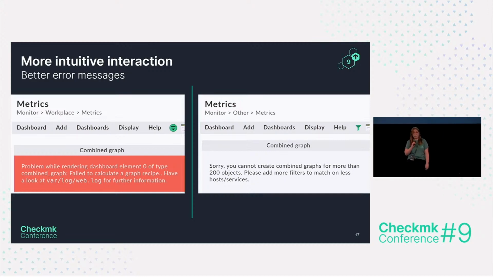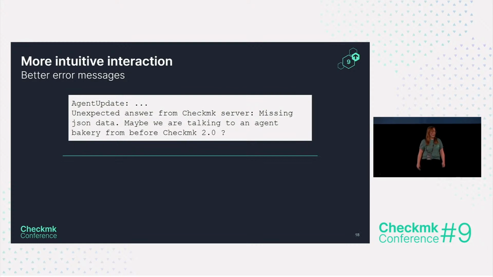I have another example for you for error messages in the agent updater. Sometimes it produces this error message, which is actually asking you a question, what you did. I mean, this does sound very human, which is usually great, but in this instance, not really helpful. The reason for this was that no matter the cause, you were always shown the exactly same error message.